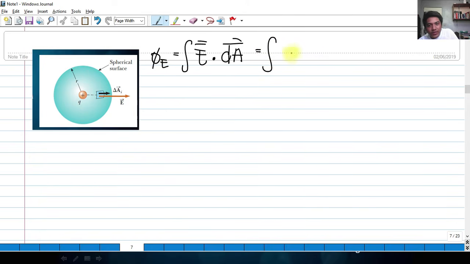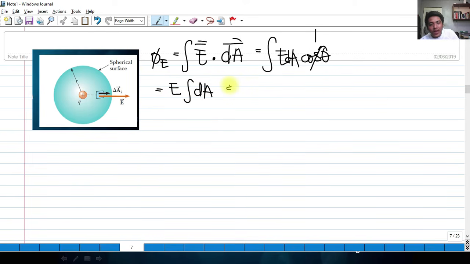These are two vectors, so we make that into magnitudes: E dA cosine theta. Since this is a sphere, the angle between the electric field and the normal vector at any point on the sphere is, again, 0. So they are parallel, and cosine 0 is simply 1. So we are left with E times the integral of dA.